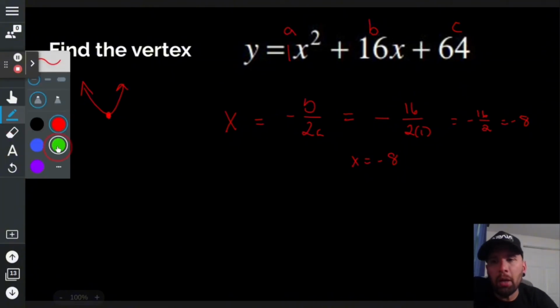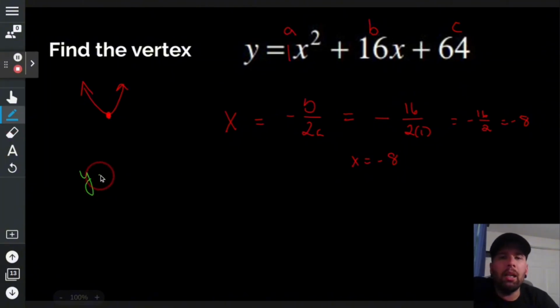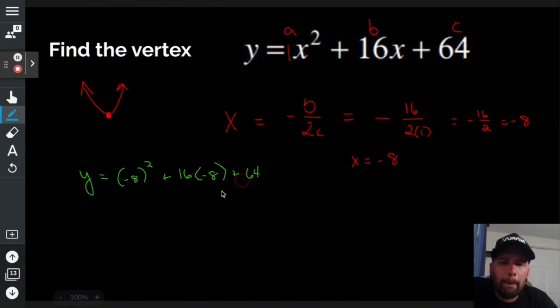So let me do that over here. Y equals, I'm replacing every x with -8, so -8 squared plus 16 times -8 plus 64. -8 times -8 is 64. Positive times a negative is a negative.